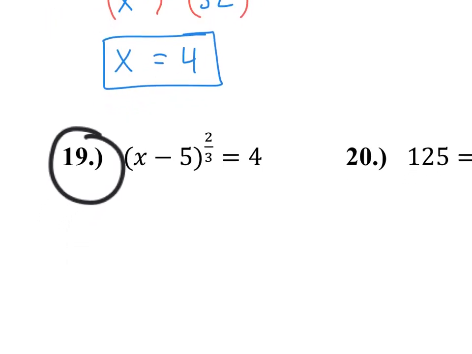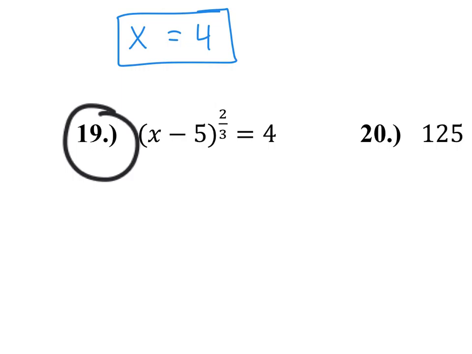Let's look at 19. Our first step here is to get rid of our 2/3 exponent, because everything else on the left side of the equation is contained within the parentheses. So we need to open that up, and then we can solve for x. So our first step, raise both sides of the equation to the reciprocal of our exponent.